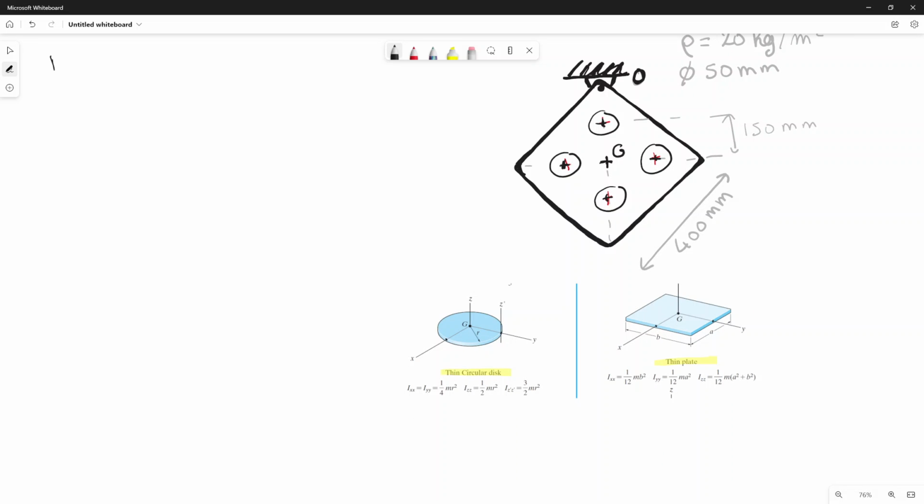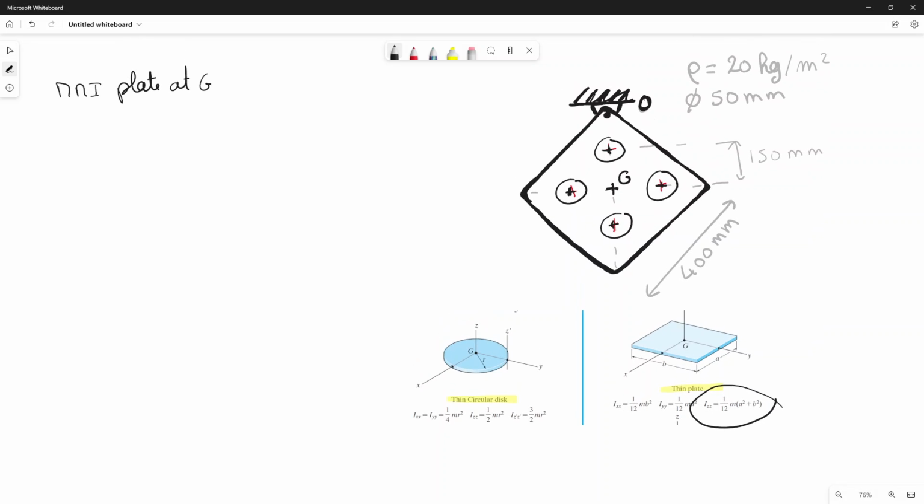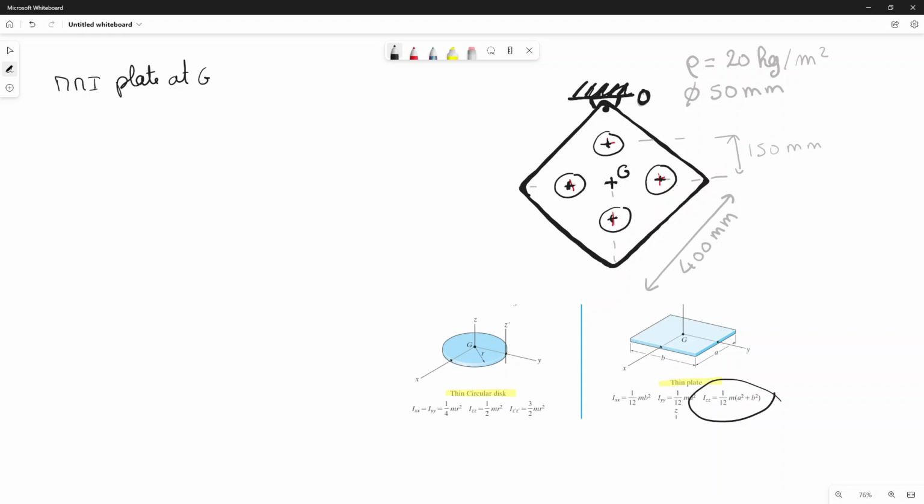For the plate at G, I ZZ equals 1/12 of the mass of the plate times the 2 dimensions, that is 400 millimeters, so 0.4 squared plus 0.4 squared.